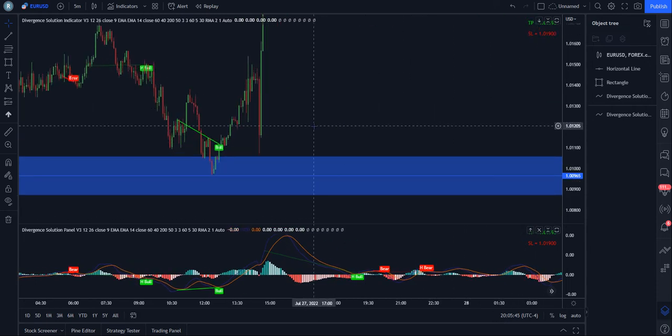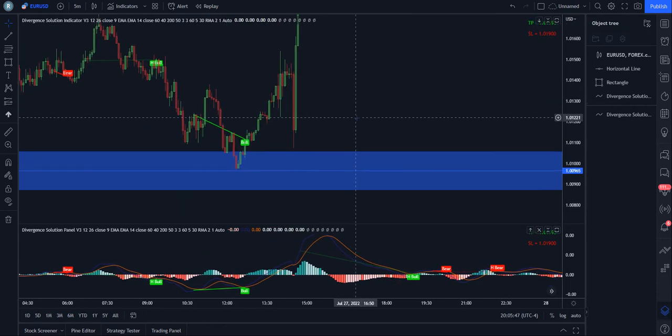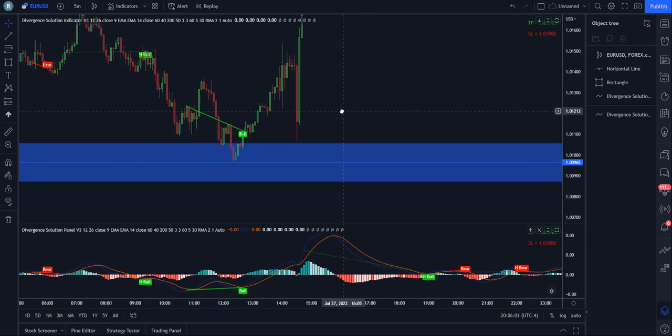So, one way to use divergence, and of course you can use this with any oscillating indicator, RSI, stochastic, Williams percent R, money flow index, whatever you're comfortable with, will show divergence with price in many ways.